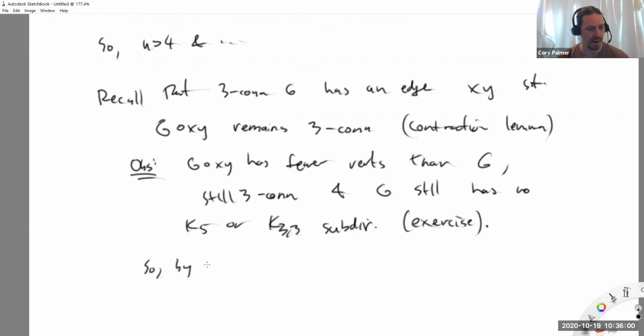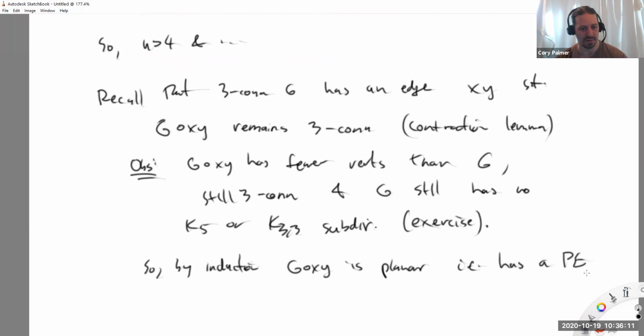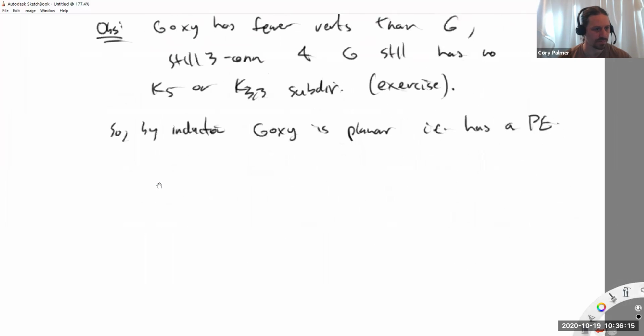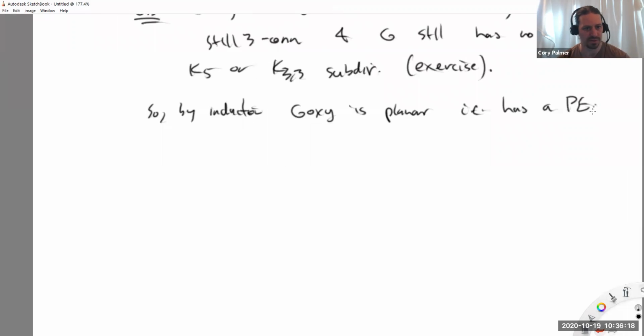So by induction, G contract xy is planar. In other words, it has a planar embedding. So we can draw it without crossings, okay? Which is exactly what we want to do, right? So there is a planar embedding of G contract xy.